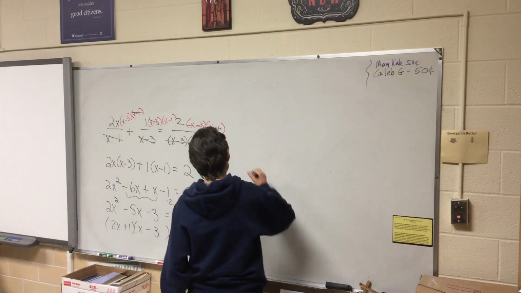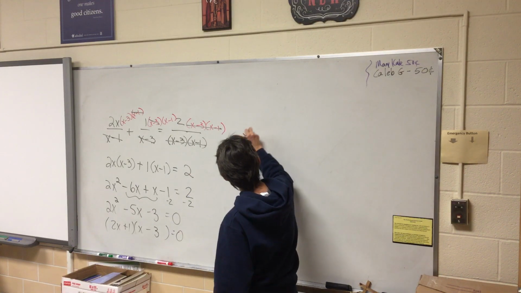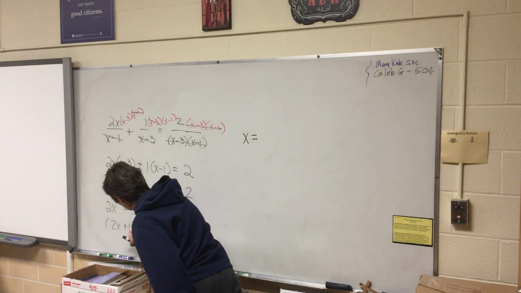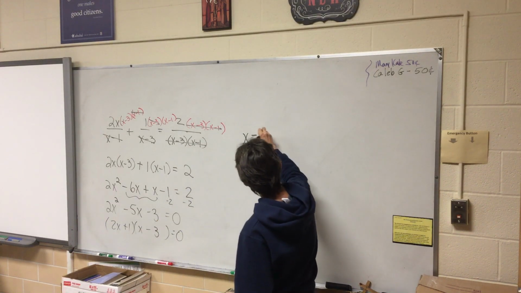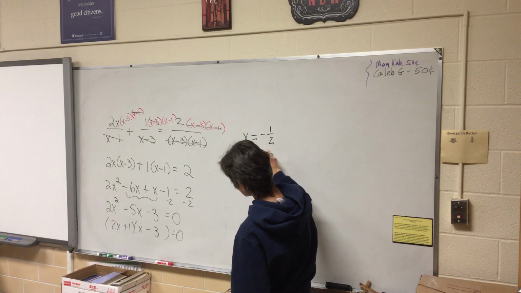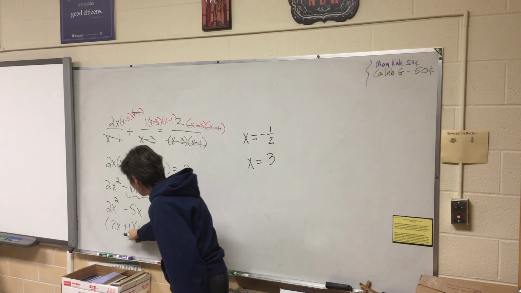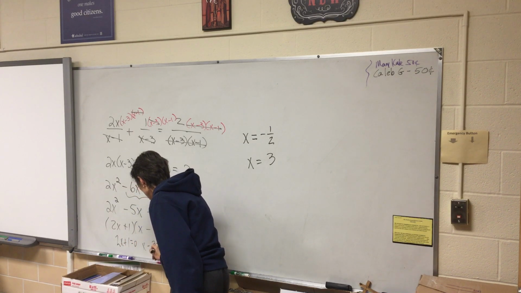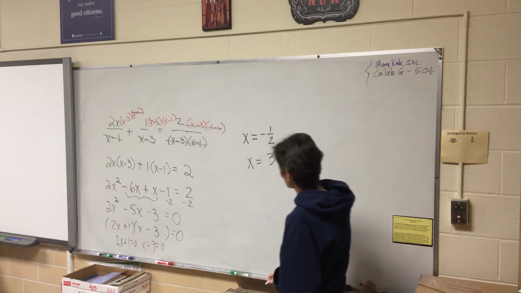The parentheses give me my answer then, so my answer would be, set that equal to 0, negative 1/2, or 3. Set these equal to 0 and solve them, right? That's how we do it. Yep.